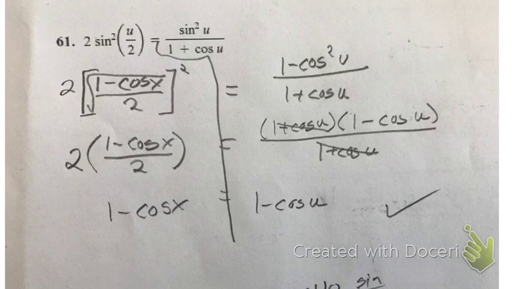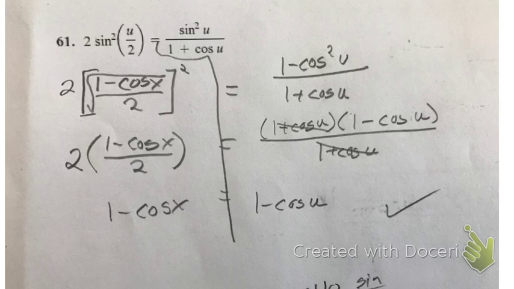I said, let's first use our half angle identity and see how far it gets me. So our half angle identity is sine of x over 2 equals the square root of 1 minus cosine x over 2. But that needs to be squared, and there needs to be a 2 out front because there's a 2 here. All right, simplifying that, square root and square cancel each other out.